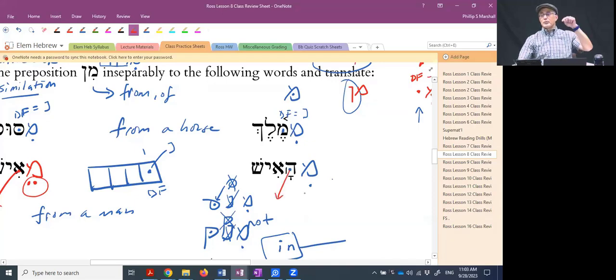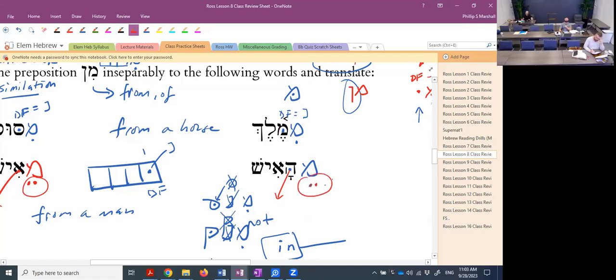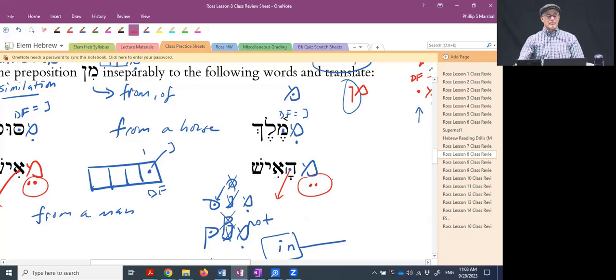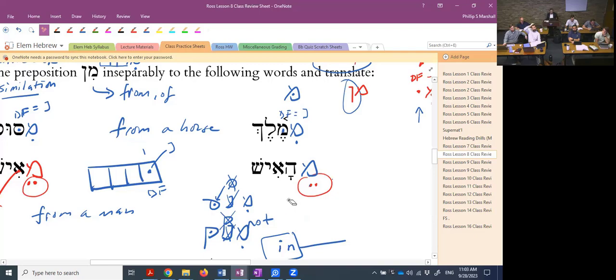And like with the aleph, and this is one of the only places where this happens, the hey is going to cause compensatory lengthening here. And so what's the hireq going to become? It's going to become tsere. So I'm going to get me ha'ish.